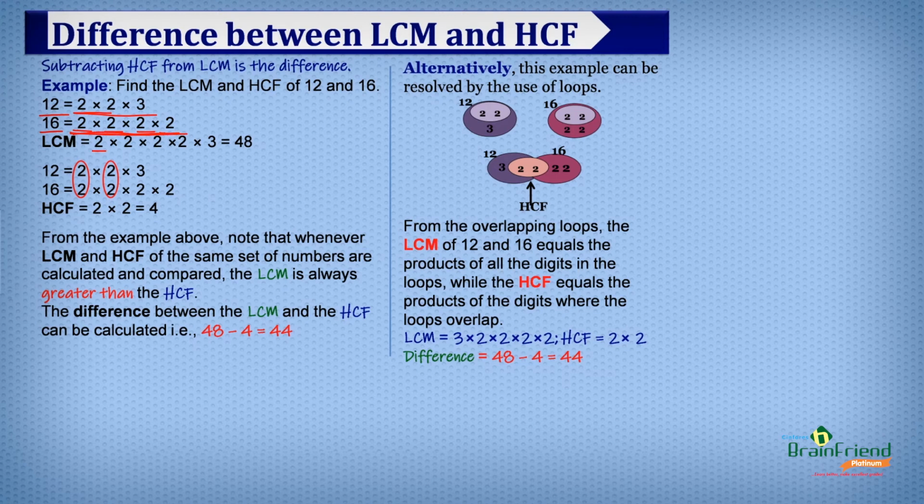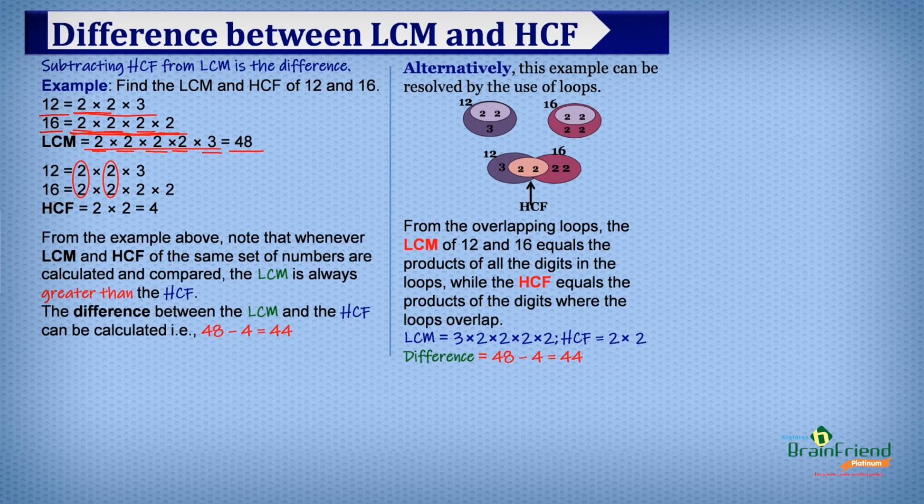So we have 2 multiplied by 2 multiplied by 2 multiplied by 2. And for 3, we have just one 3 as a factor appearing among our lists. So we just take the one 3. And when we multiply all this together, it gives us our LCM, 48. So our LCM for 12 and 16 is 48.